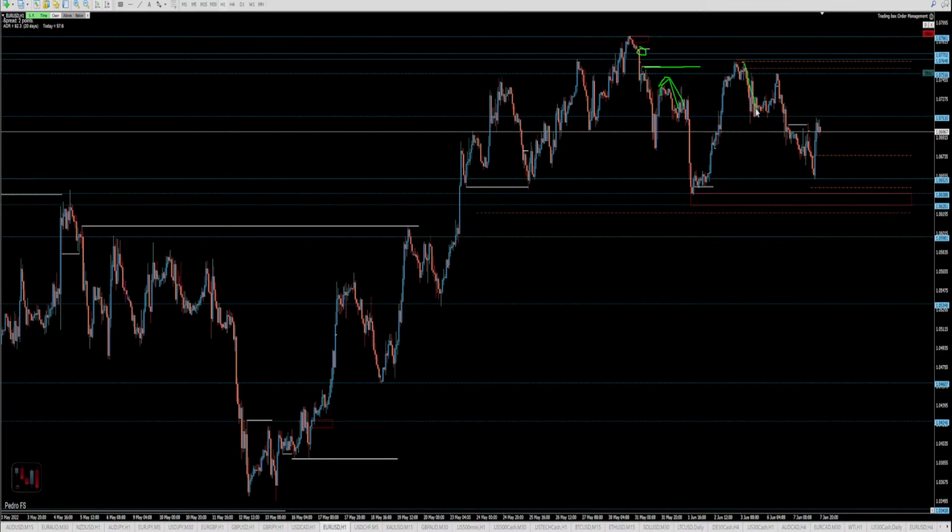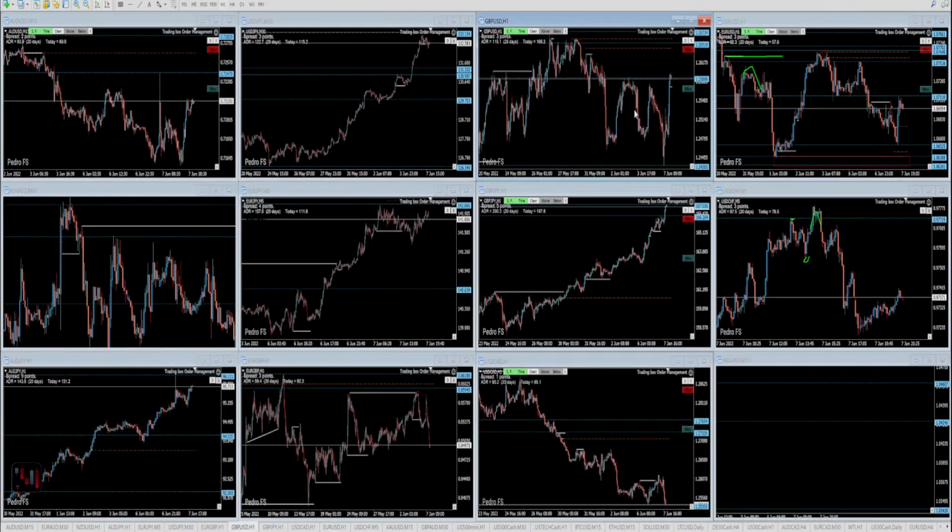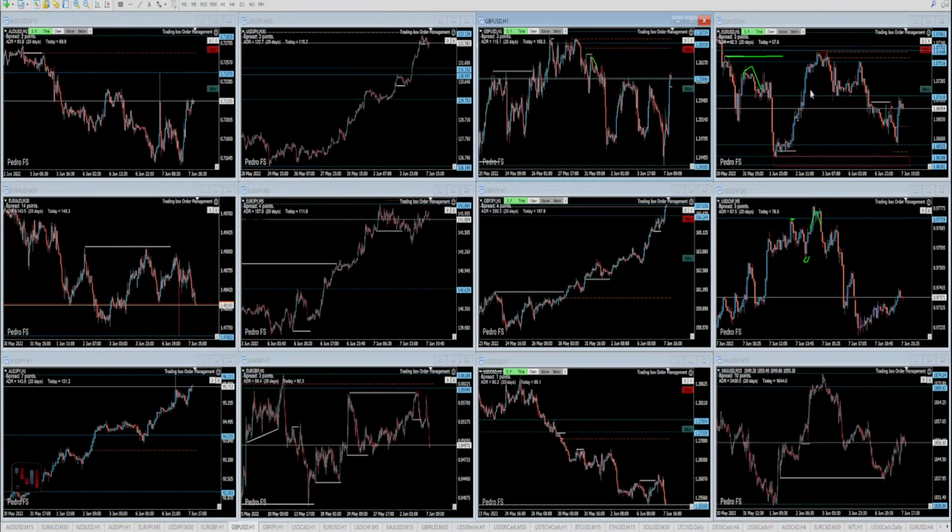So that's the difference that we can see now between euro dollar and pound dollar. Pound steady within this level, euro had already broken and it reacted from there. Now it's reacting quite nicely from this previous level of support resistance. Right, this is what I mean.